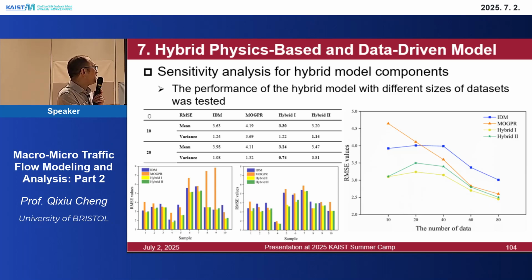But when we increase the number of conforming pairs, the data-driven model, MOGPR, outperforms the physics-based model. We can also see the hybrid models, hybrid 1 and hybrid 2, are both better than each of them.